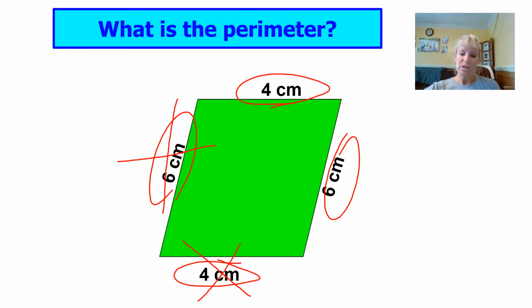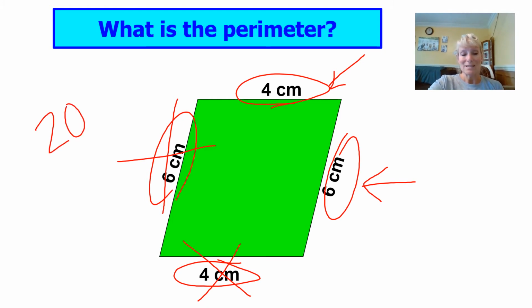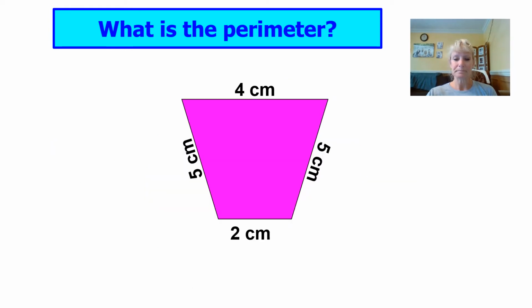If I already know that this is 6 and this is 4, then I know that the other side is going to be 6 and 4 as well. So this is 20 centimeters. Now you could have added them all up and you would have gotten 20, or you could have thought to yourself, if I have something on one side, I'm going to have it on the other side as well. I want you to keep that in mind.